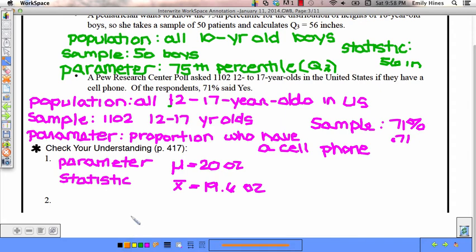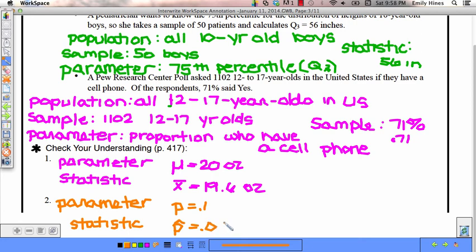And in the second problem, our parameter is talking about a proportion here, so we're going to use P, which is equal to 0.1, and our statistic, we're talking about p hat, which is equal to 0.08. So hopefully you got those. Make sure you ask me if you have any questions about the difference between parameters and statistics.